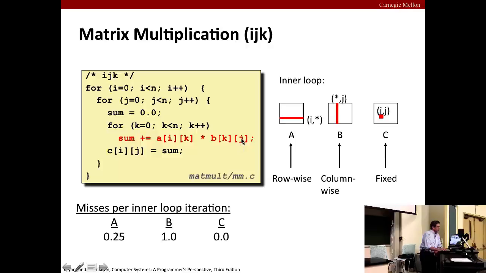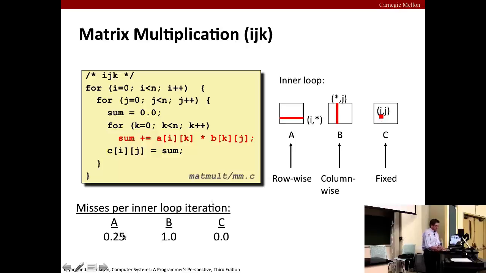And if you notice, this inner loop is doing a row-wise access of array A and a column-wise access of array B. So row-wise of A, column-wise of B. We don't really care about C because it's not in the inner loop. Okay, so just ignore that.